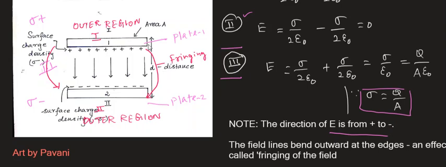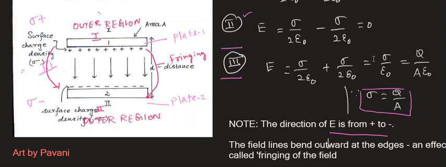That is because of the non-uniformity. Probably the sheet would have been bent inside or outside, so based on that there will be fringing. This kind of effect is called fringing of the field. But we ignore it, it will be very small. So we take only the center region like this. Right, so this is the art by Pavni.